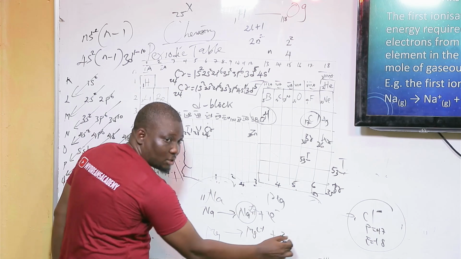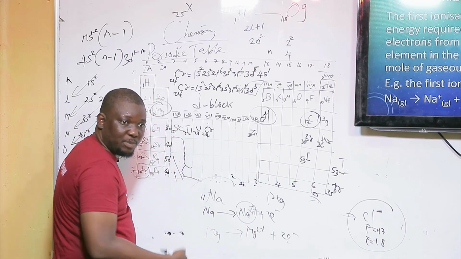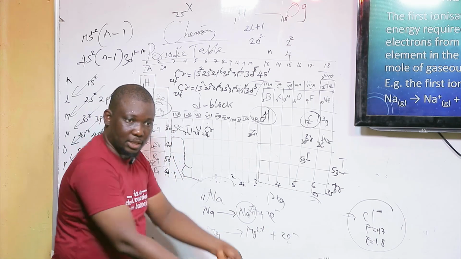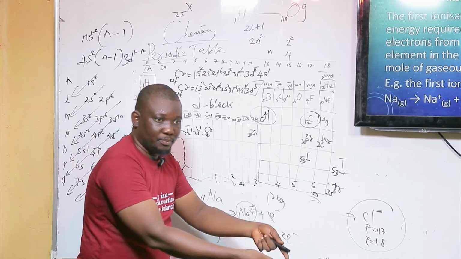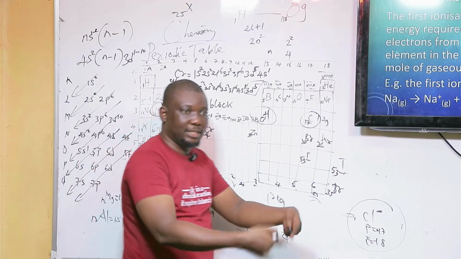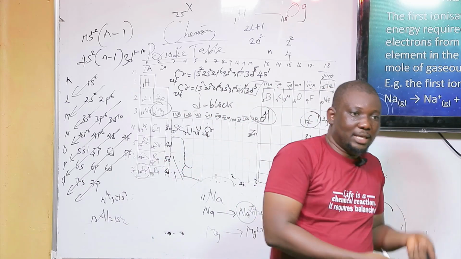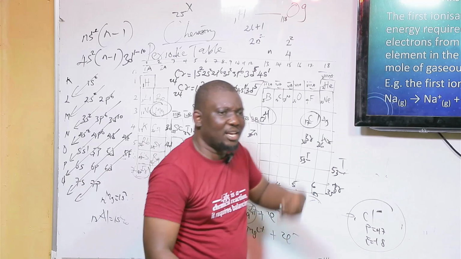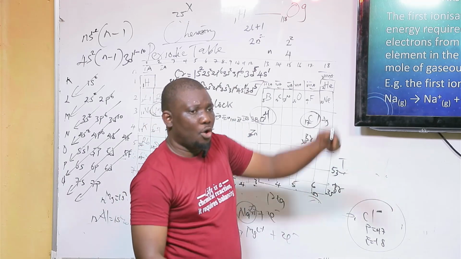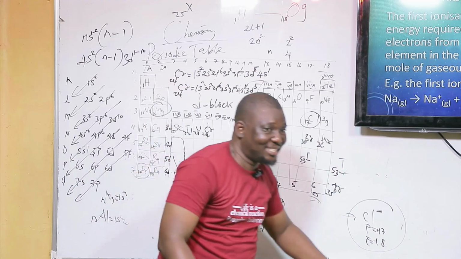So removing 2 electrons from magnesium is like building a noble gas, not destroying. The energy to build is lesser than the energy available to destroy a noble gas.